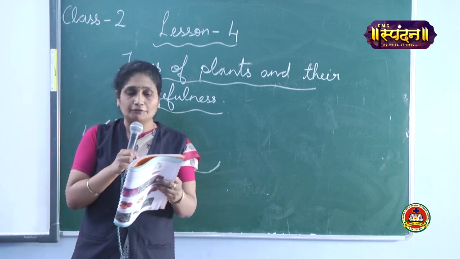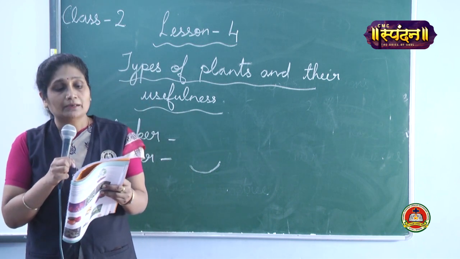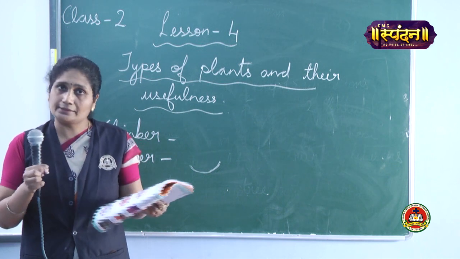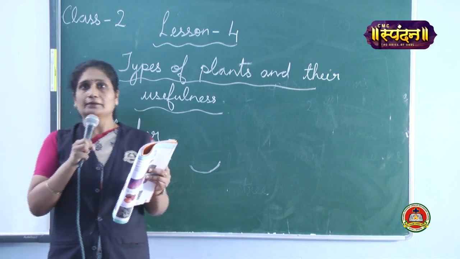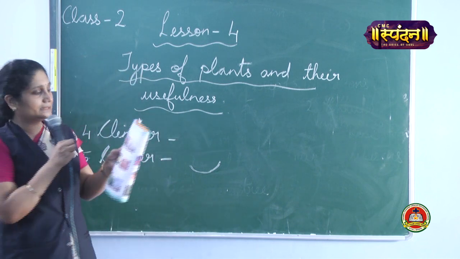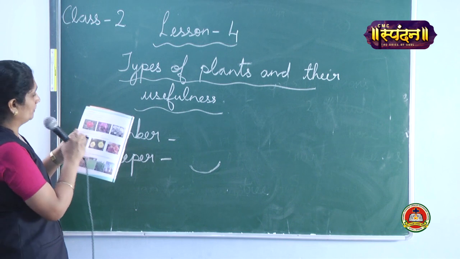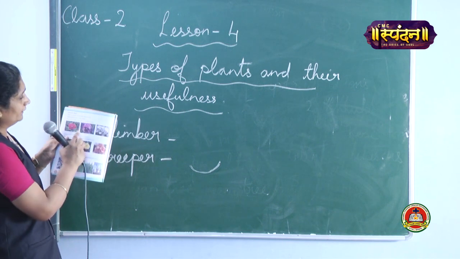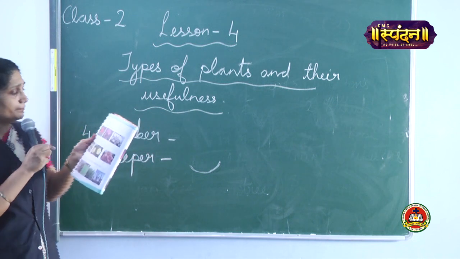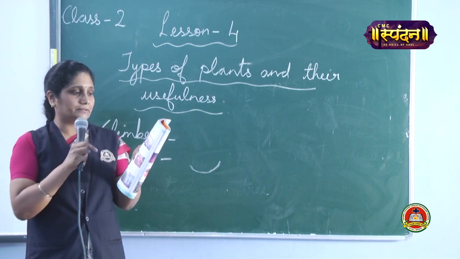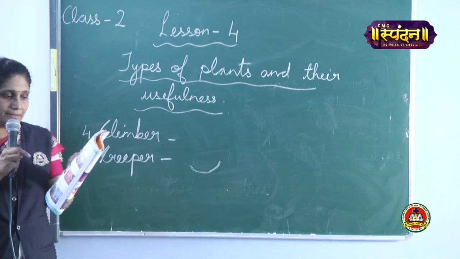Seasonal plants live for one season only. Winter plants live in the winter season. ठंड में जो आते plants वो ठंड के time में उगते हैं. The poppy, these are the categories of flowers. Poppy, pansy, and daisy are winter plants. Now, summer plants, जो गर्मियों में उगते हैं. Summer plants live in the summer season.